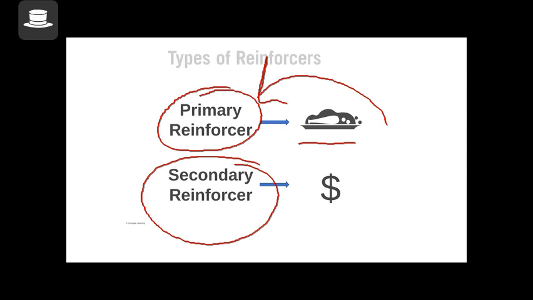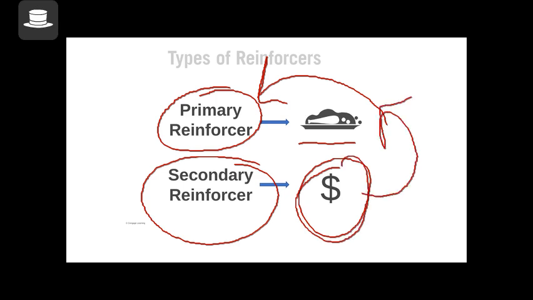Secondary reinforcers, on the other hand, are not inborn. We acquire the value of these reinforcers through learning, usually through associating the secondary reinforcer with the primary reinforcers.